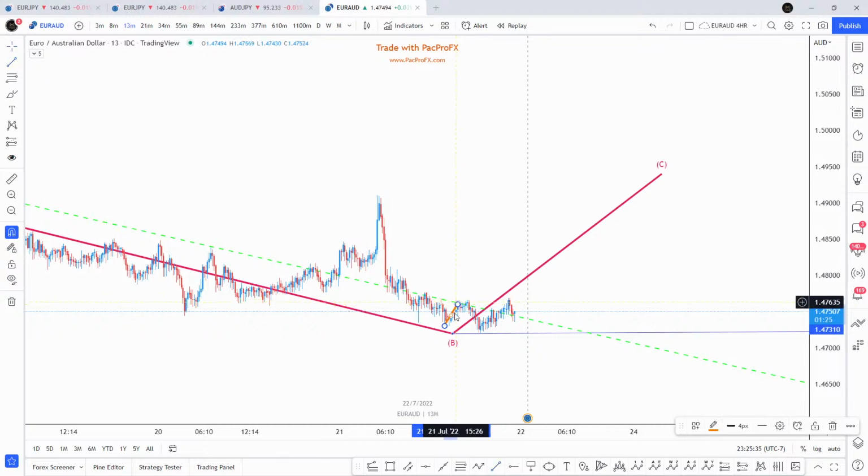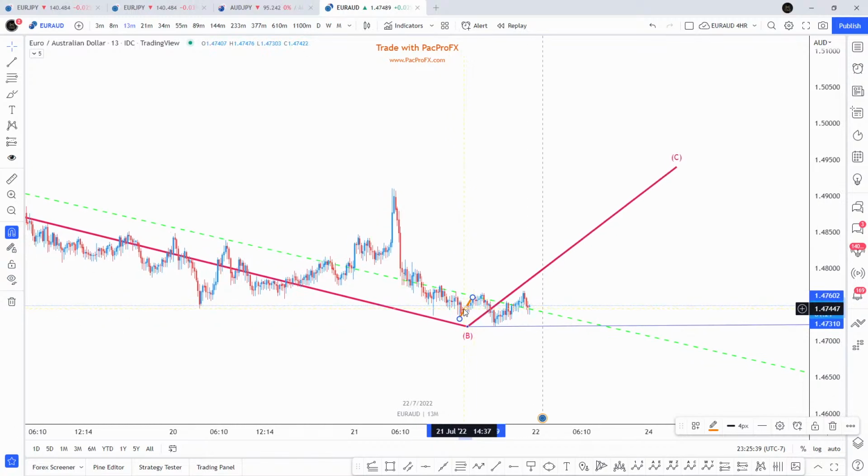This is probably the most it's gonna go, so up to about here. 147.824 is the maximum retracement for this pattern. It's not the greatest pattern in the world.